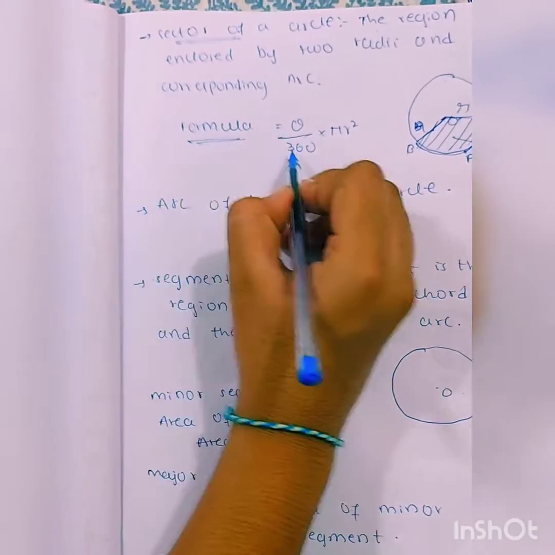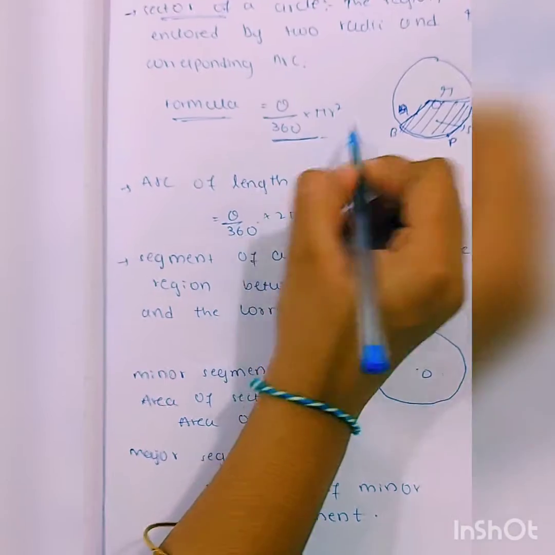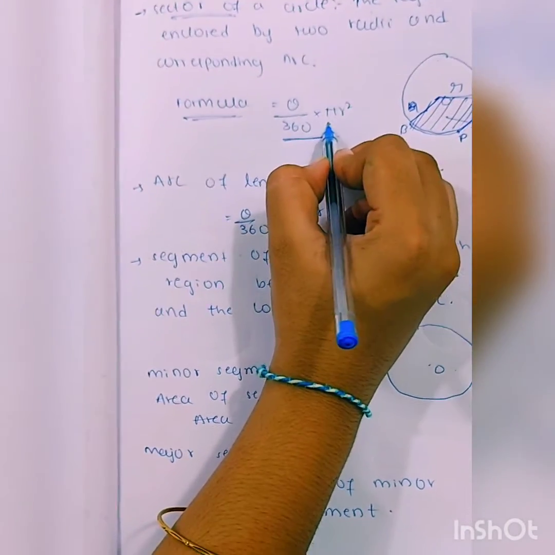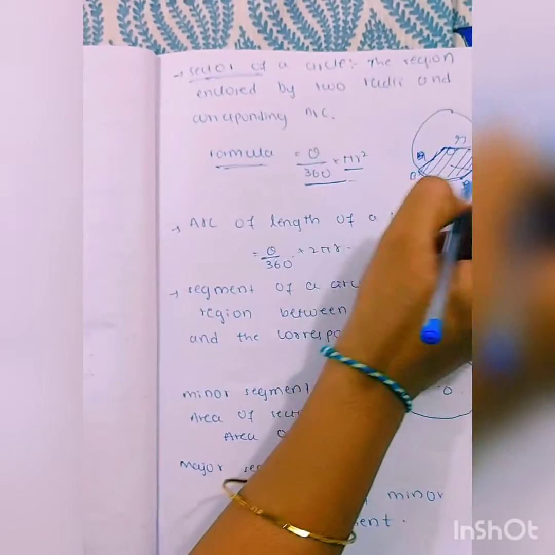And the formula to find the area of sector of a circle is theta by 360 into pi r square. Here we have taken the area of circle because sector is part of a circle.